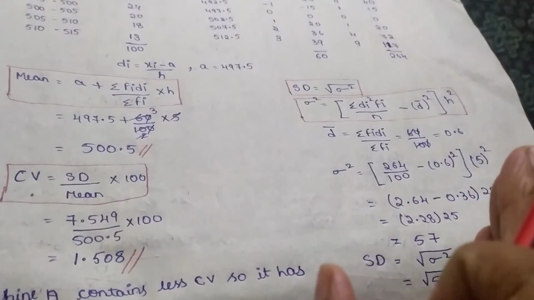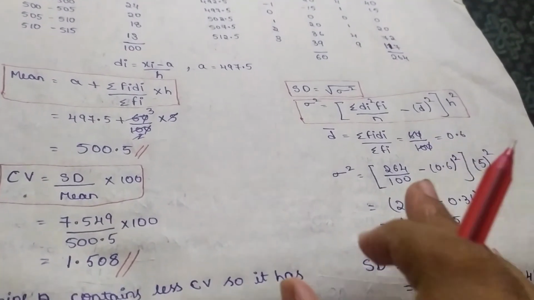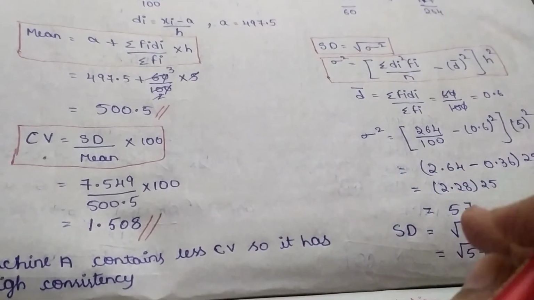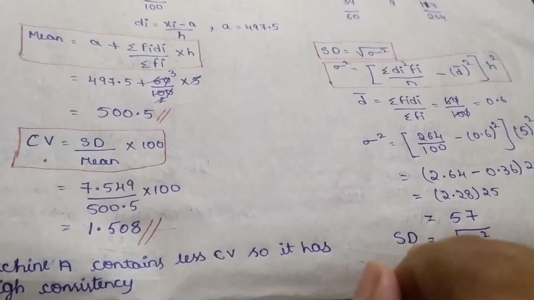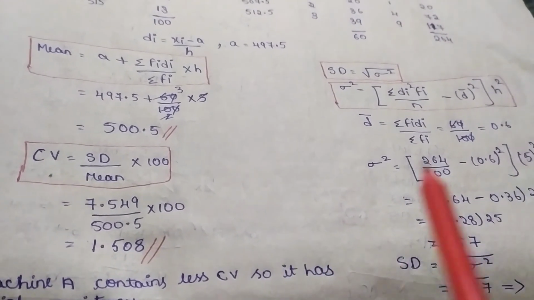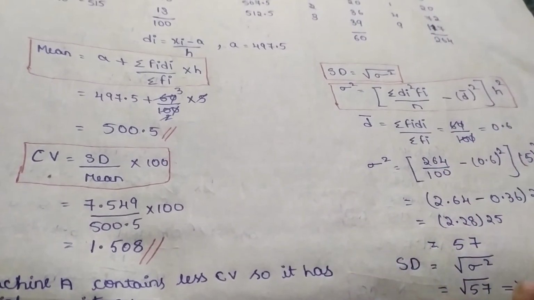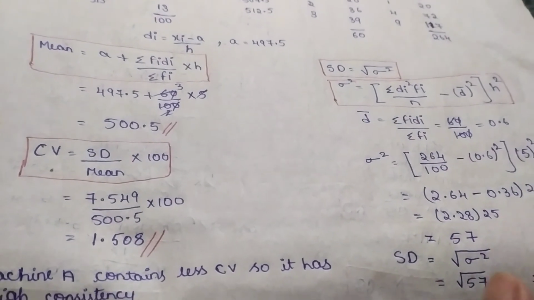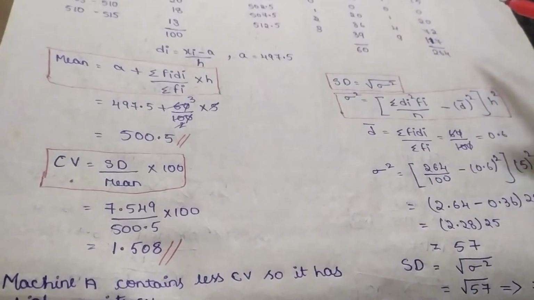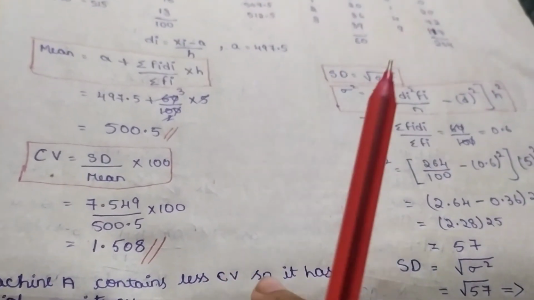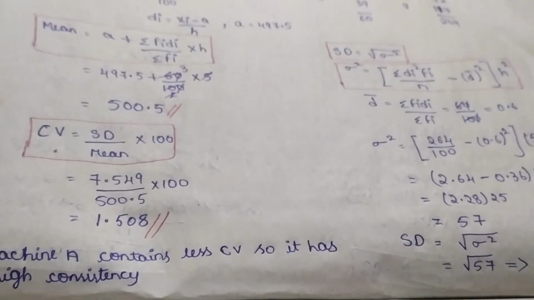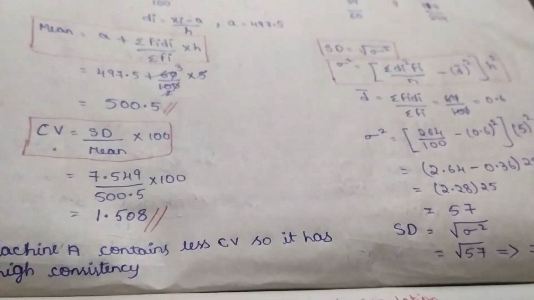We do coefficient of variation to find out the highest consistency. We find CV. If CV is less, then it has high consistency.